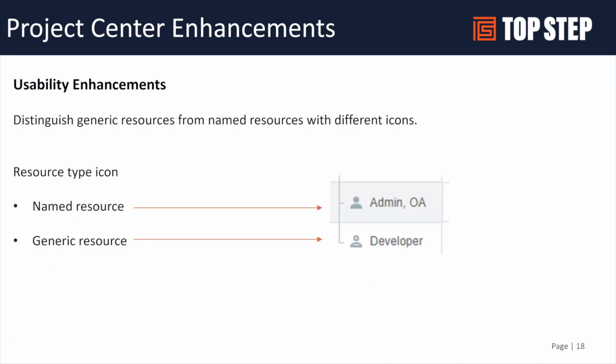Slight usability enhancement: if you're looking at resources in the project center, you can quickly see if it's a licensed user versus a generic user by the resource type icon. So you have two different icons now denoting the type of user that is being planned in the system.